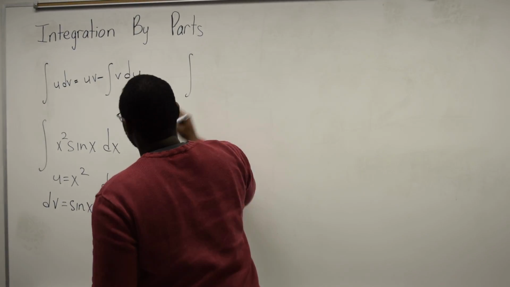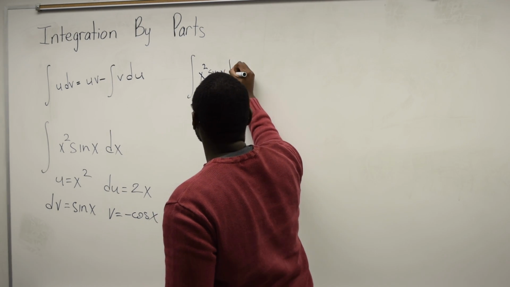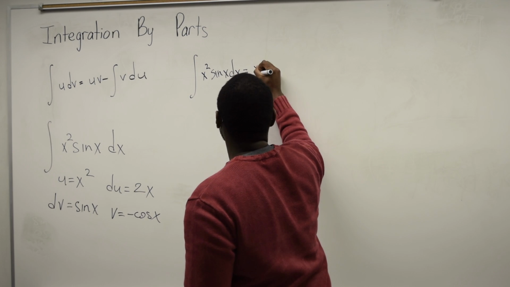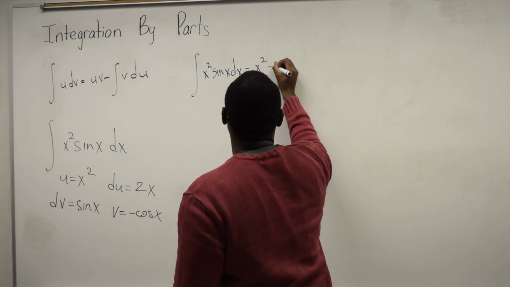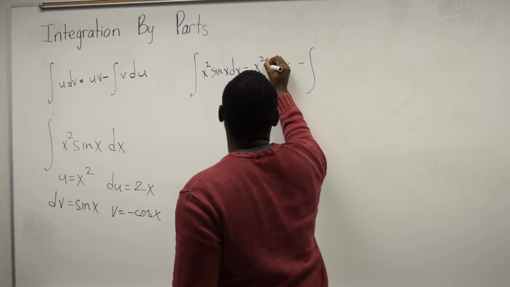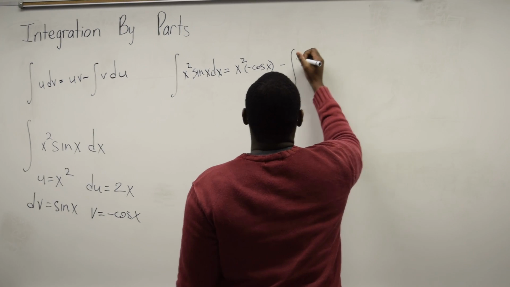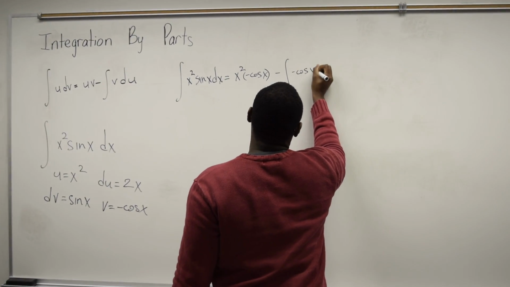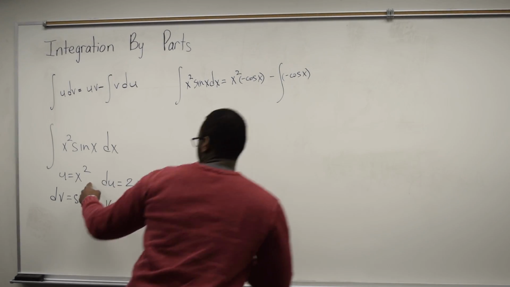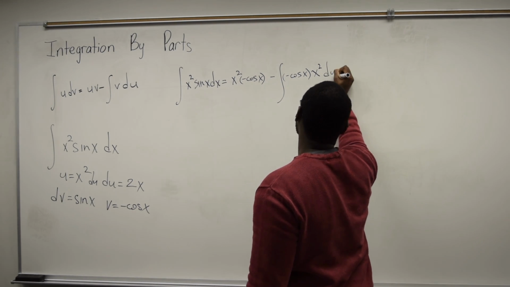So now, integral of x squared sine of x dx will now equal u, x squared, times v, negative cosine of x, minus the integral of v, negative cosine of x, and du, which would be 2x dx.